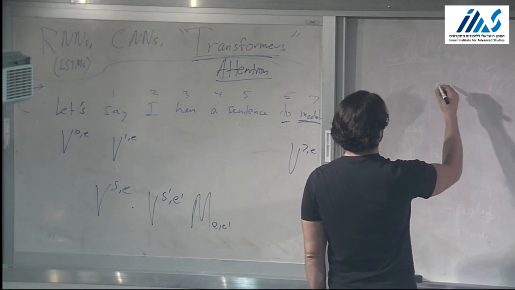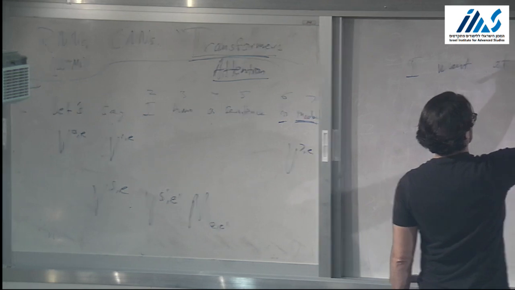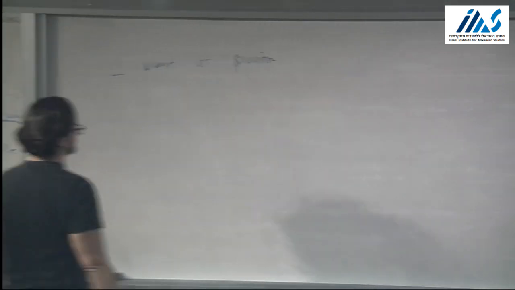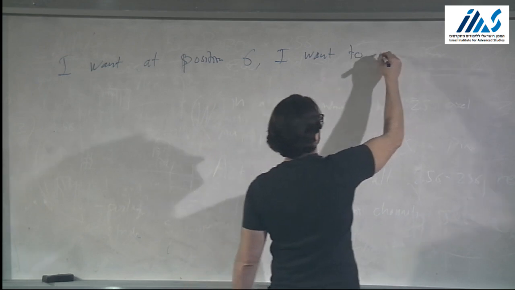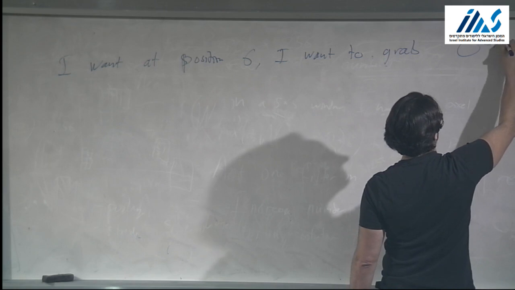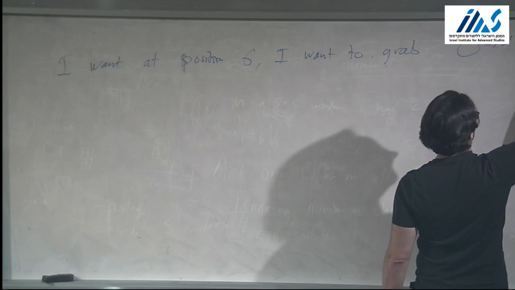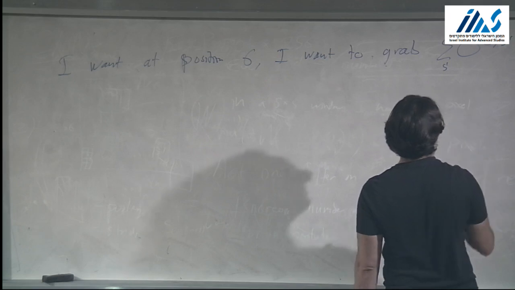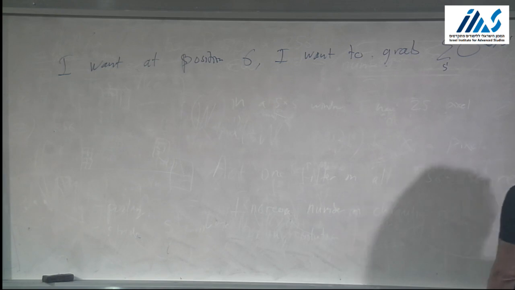Well, at position 6, I want to grab some sigma 6 comma S prime, V S prime E. Just to be clear, I'm always using Einstein summation convention, so this is 6 comma S prime.